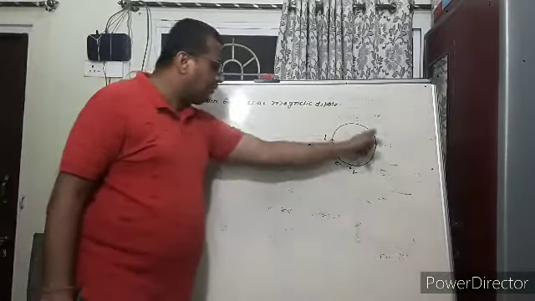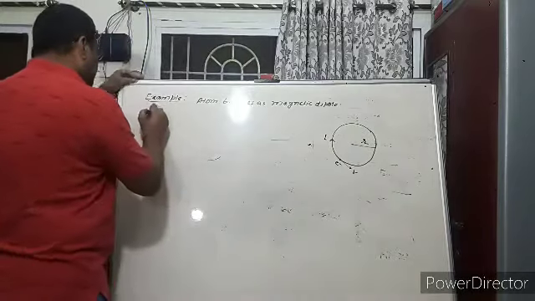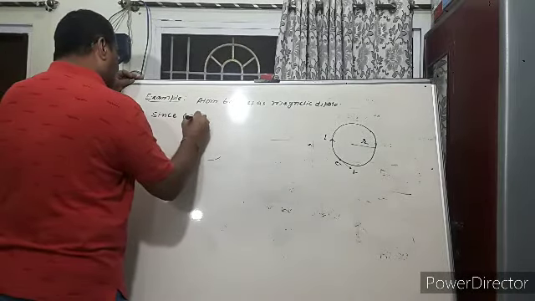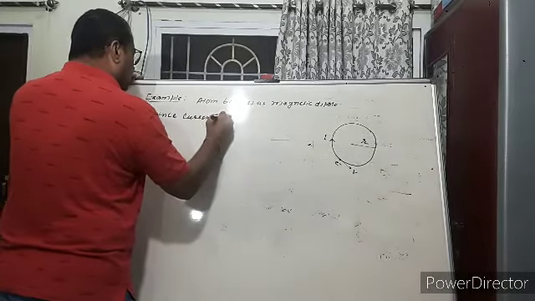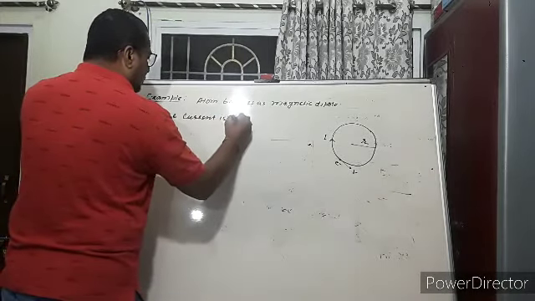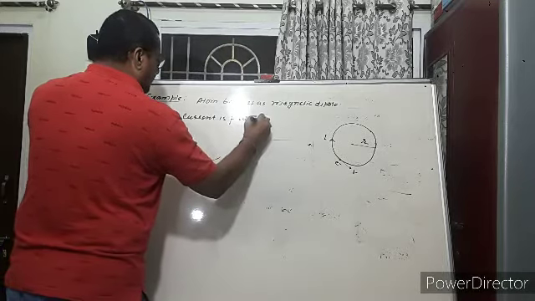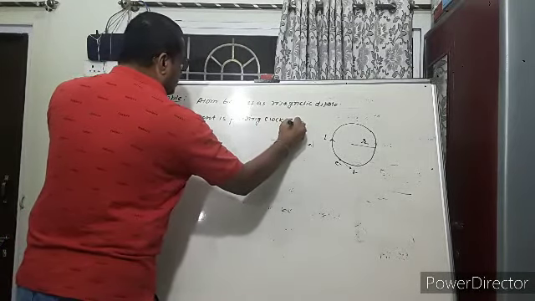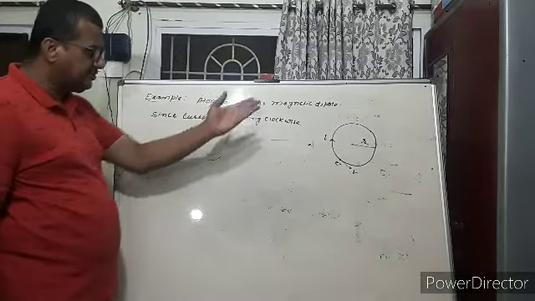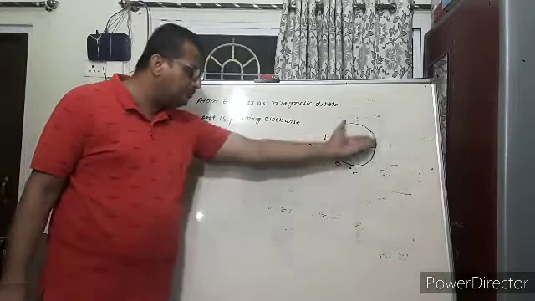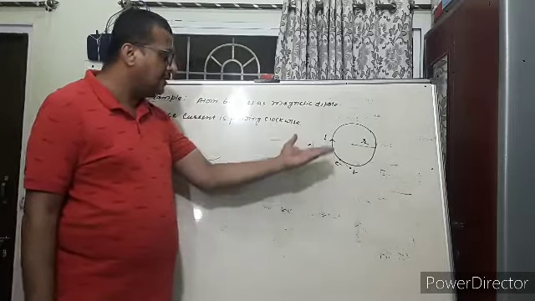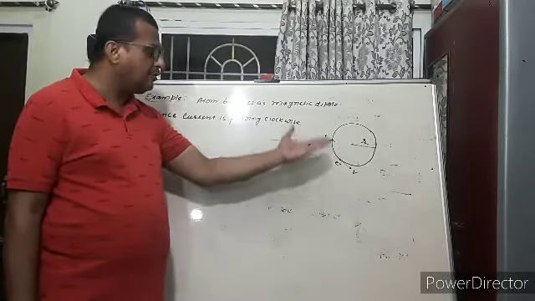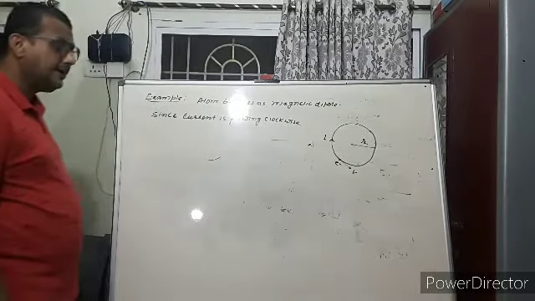Since current is flowing clockwise, it behaves like a current loop, so it will certainly have a magnetic moment, because it is behaving like a magnetic dipole.